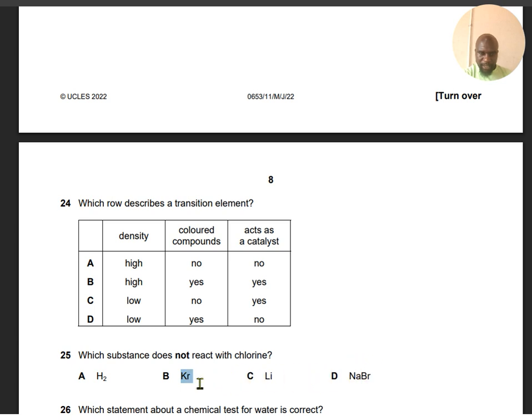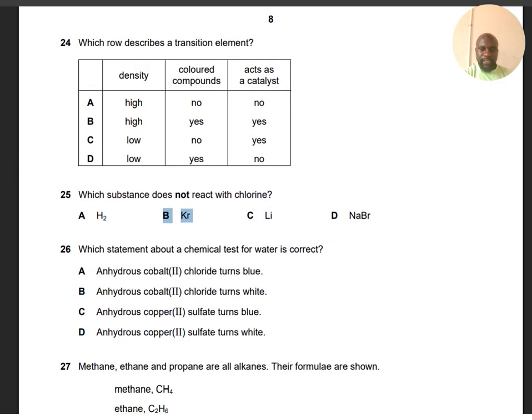The one which should not react with chlorine in this case is B. This one is the least reactive, and it cannot react with chlorine.